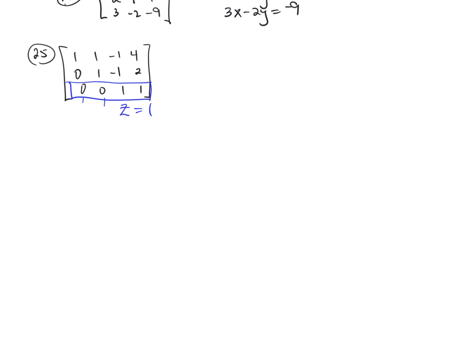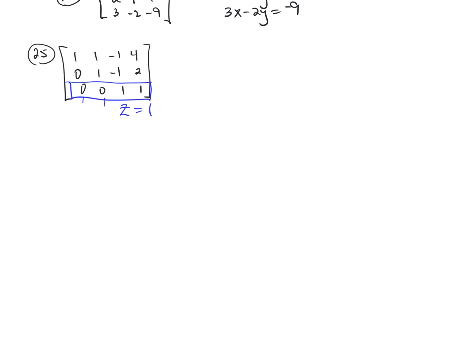That means it's in row echelon form. We don't have the answers to every single variable. We don't know right away that x equals this and y equals that. That's called reduced row echelon form and requires a little bit more work. But row echelon form means, hey, I got an answer and I can actually go find the rest of the variables. So let's do that.